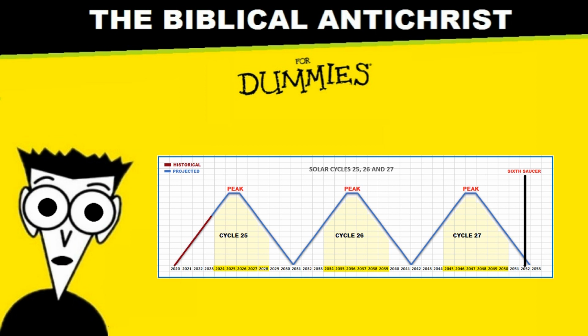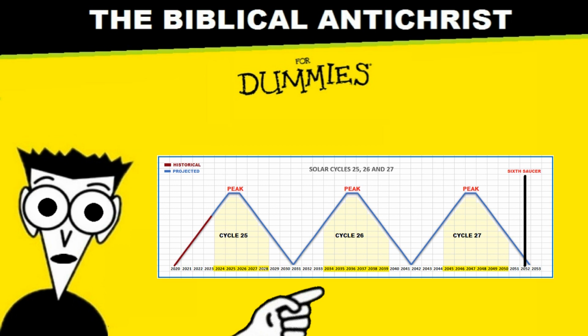When we look at the three remaining solar cycles, the areas of most probability occur during the three remaining solar maximums. Those are the years for the first cycle, between 2024 through 2028. For the second cycle, the years between 2034 through 2039. And for the third cycle, the years between 2045 through 2050.